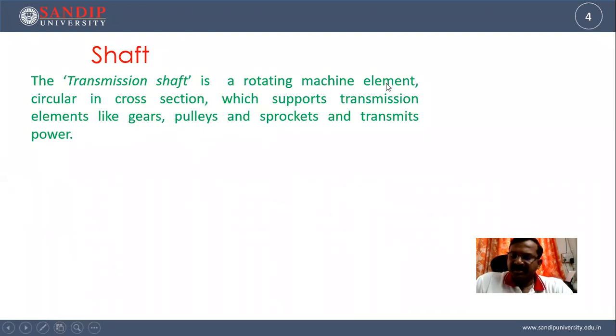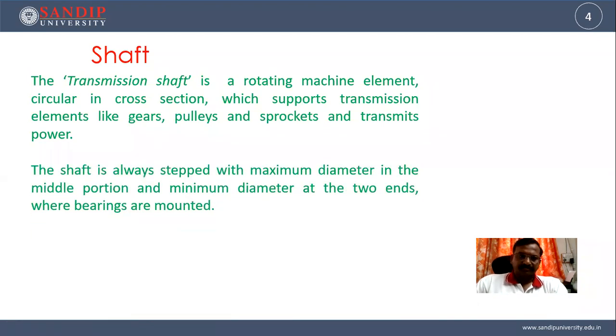It is a rotating machine element. That is first part. Circular in cross section. So the cross section of shaft is round, which supports transmission elements like gears, pulleys, and sprocket. And it transmits power energy from one end to another end. So that is the definition of shaft.